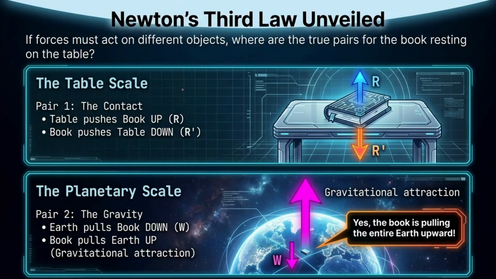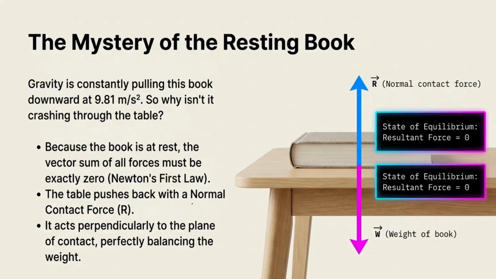We discussed two pairs of the third law: one is R and R prime, and the other one is W and the book pulling the Earth. So these are the main differences when you consider this resting book scenario. I hope it's clear.